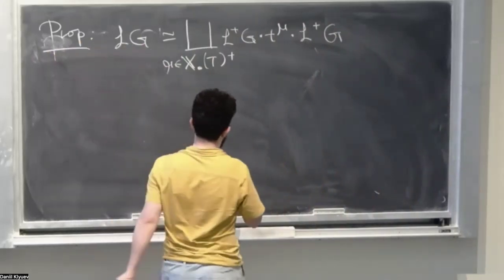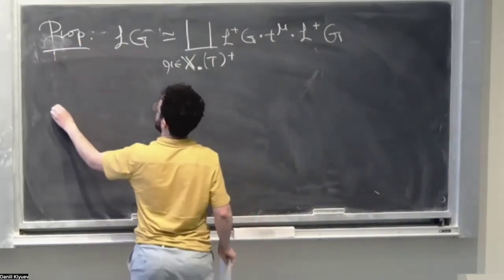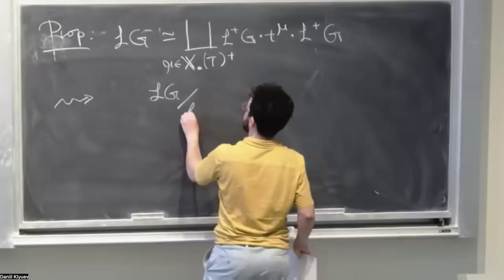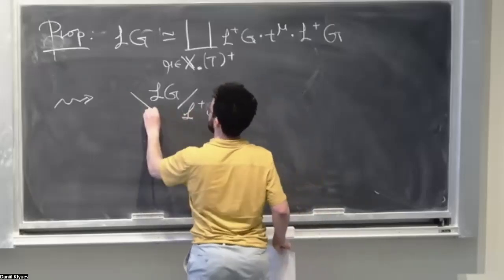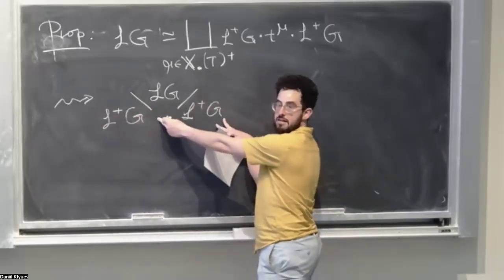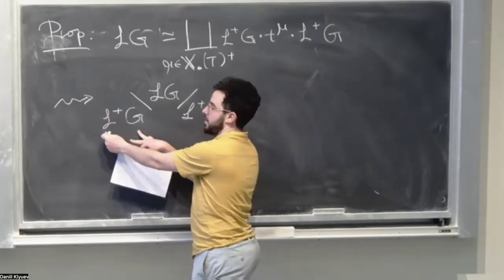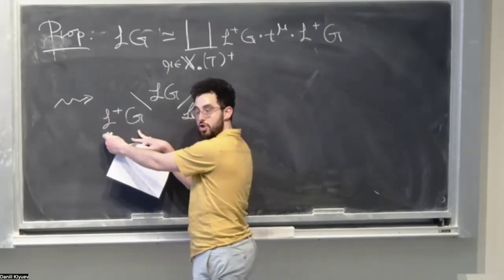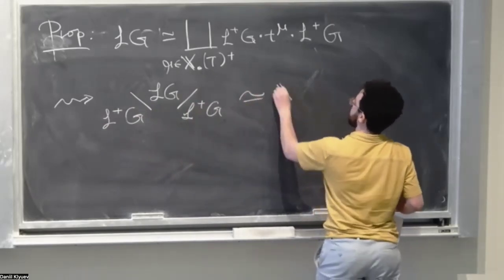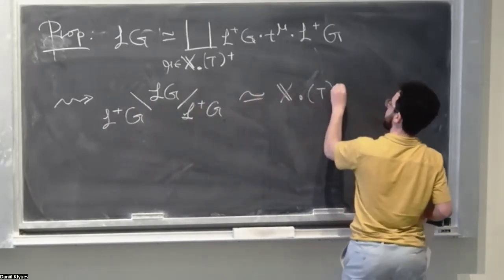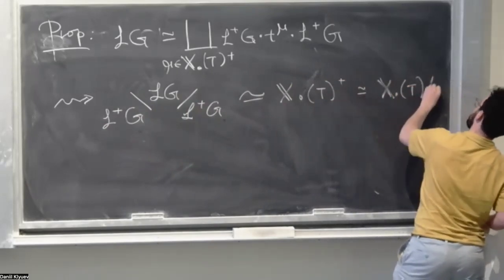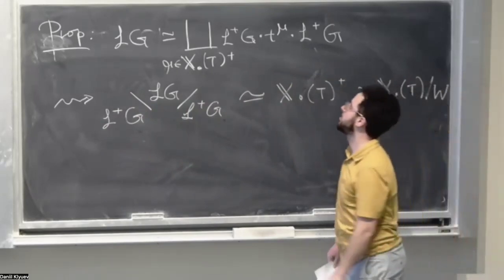And in particular, we get that LG, if we take the double quotient by positive loops, this part is the Affine Grassmannian, and then we take L plus G orbits in the Affine Grassmannian, and this is going to be the same as dominant co-weights.